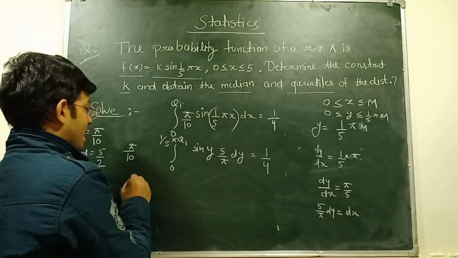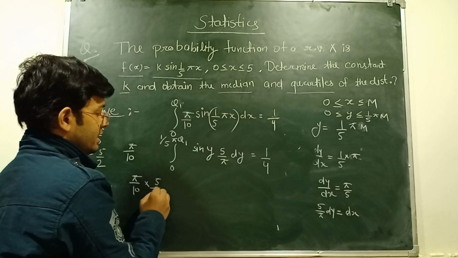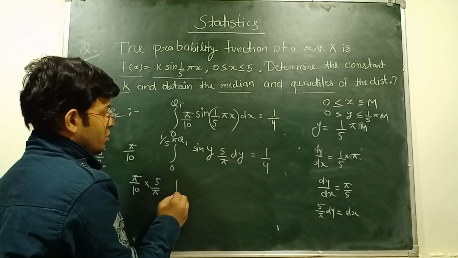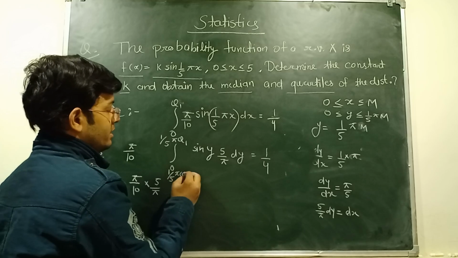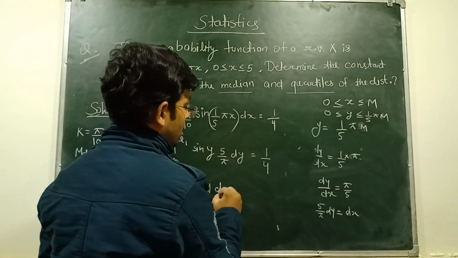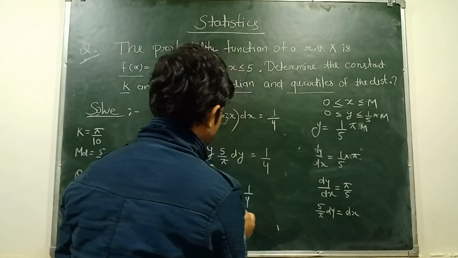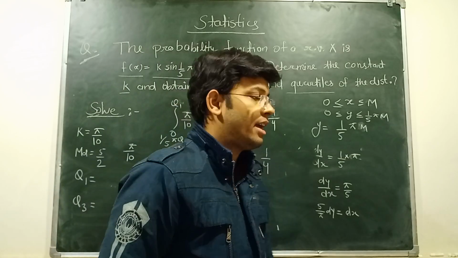So 5 upon pi and pi upon 10 are the constant terms, and 0 to 1 upon 5 pi q1 of sine y. Now this is the simplest form, and now we can integrate the sine.